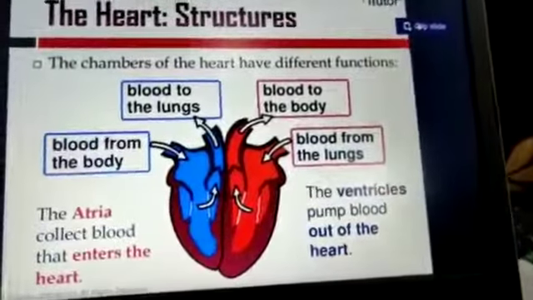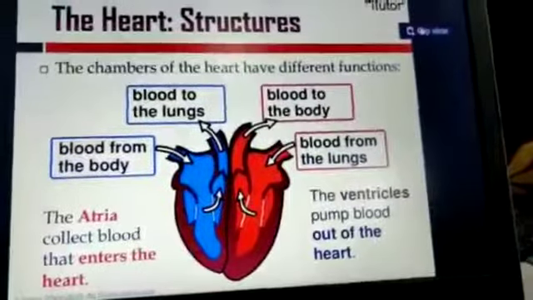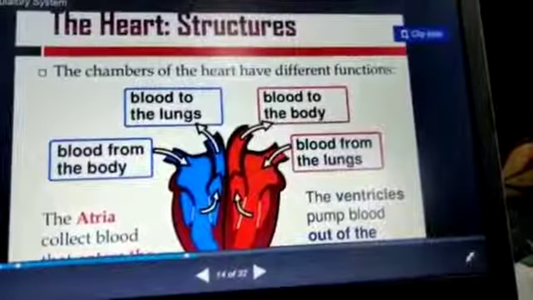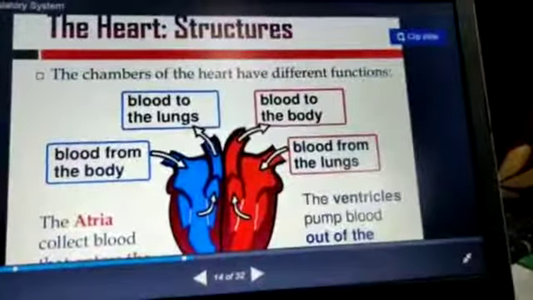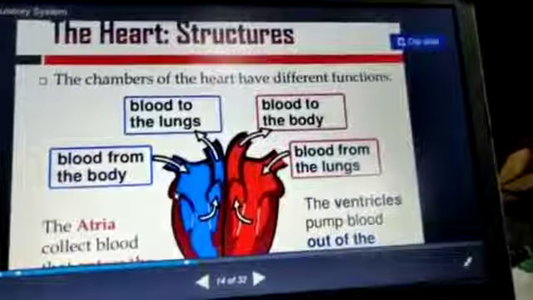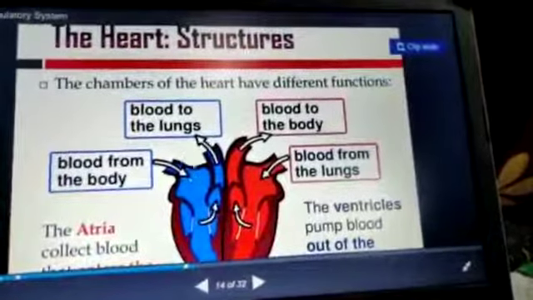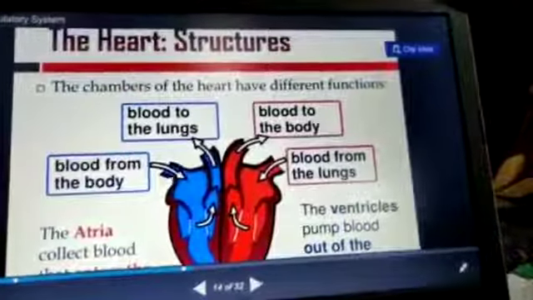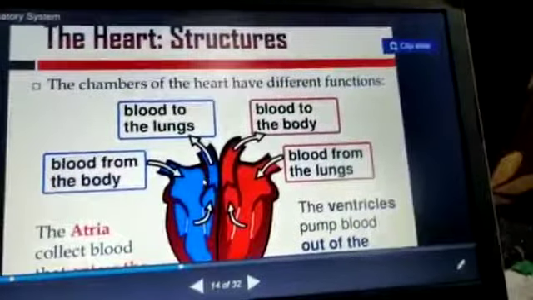The chambers of the heart have different functions. In this chamber of the heart you are able to see blood going to the lungs. The blue color means deoxygenated blood. From the different parts of the body, the superior and inferior vena cava carry the impure blood and pour it into this chamber.